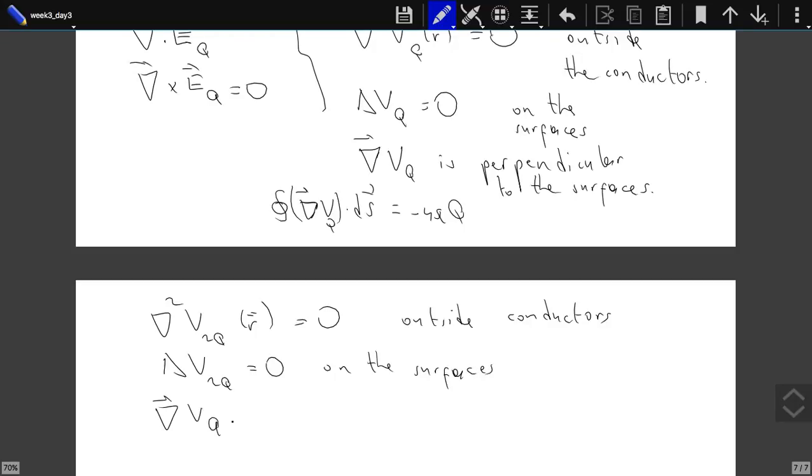The gradient of V of Q is perpendicular to the surfaces, and is 0 inside the conductors.